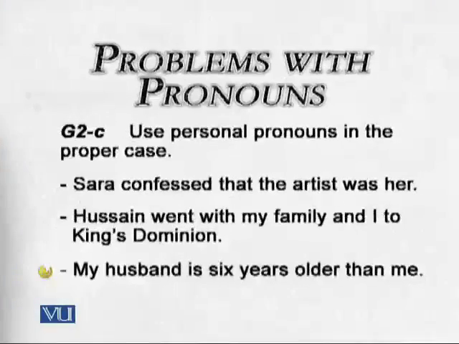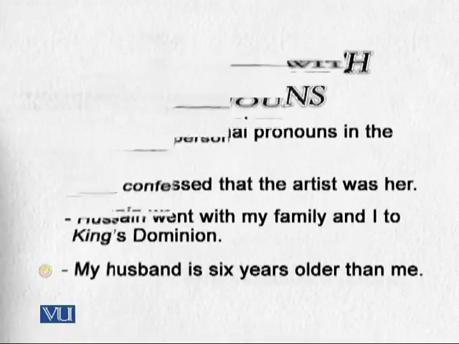Let's see another example. My husband is 6 years older than me. Now this is another very interesting thing. When you compare people, then in comparison, when pronouns come after than, this is comparative stuff. After than, the pronoun again is going to be in subject form.